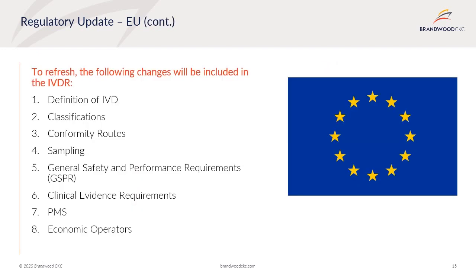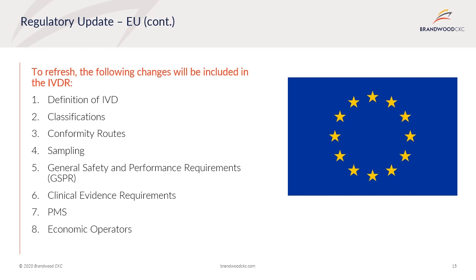So firstly, these, in my mind, are the top 8 changes that are happening as part of the IVDR that need to be a consideration of any manufacturer of an IVD device. So first of all, IVDR changes the definitions of IVDs. Compared to the IVDD, there are significant differences in what the definitions of IVDs are and where that relates to the classification routes.